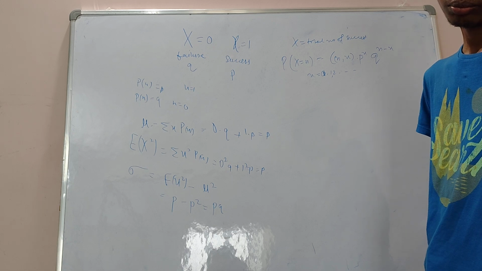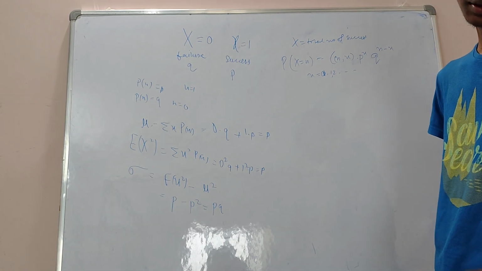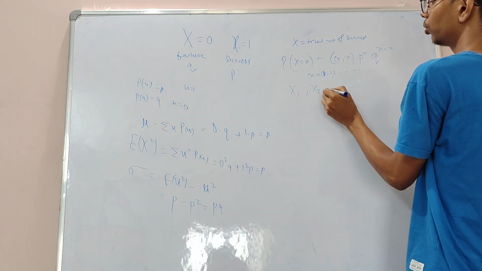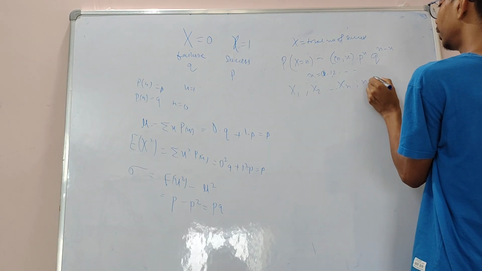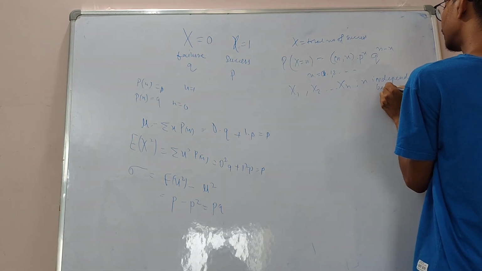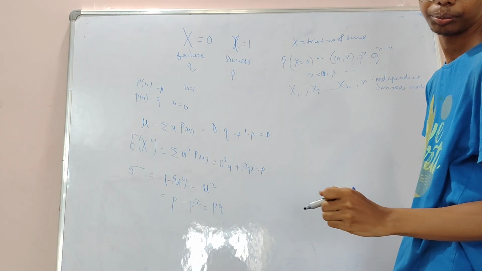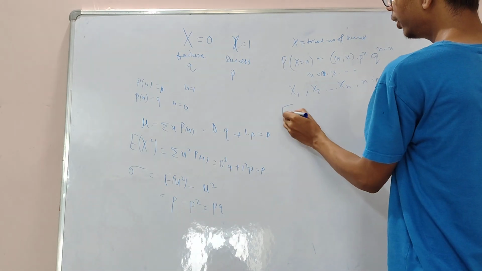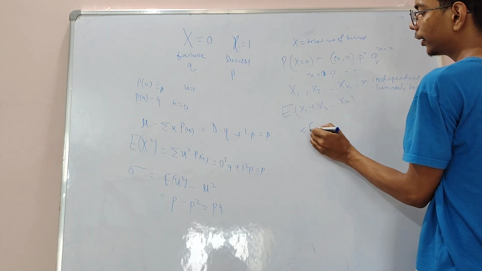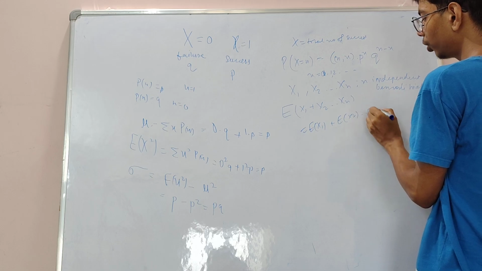Now if x1, x2 up to xn are n independent Bernoulli trials, then E of x1 plus x2 up to xn will be E of x1 plus E of x2 up to E of xn.